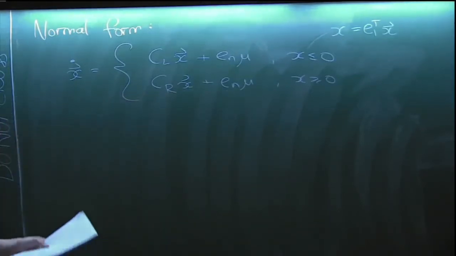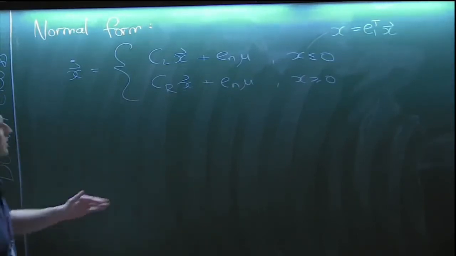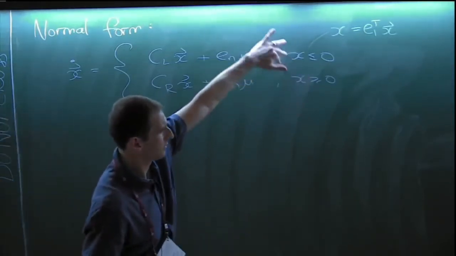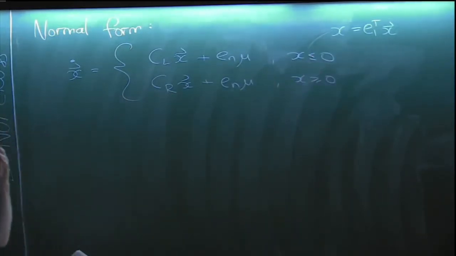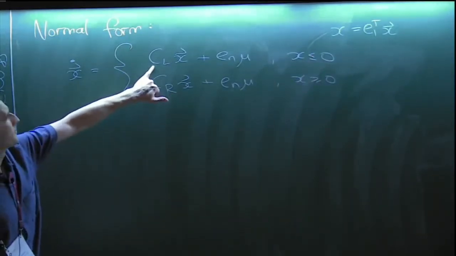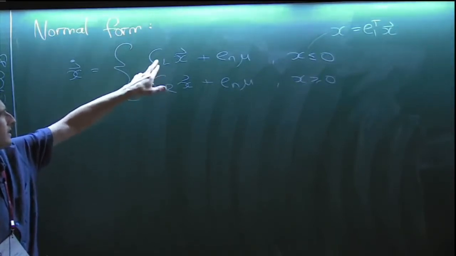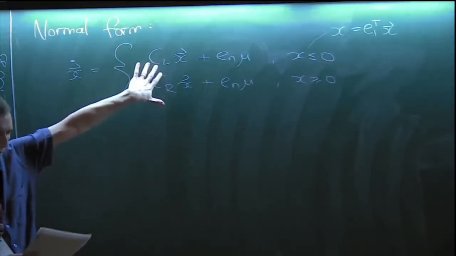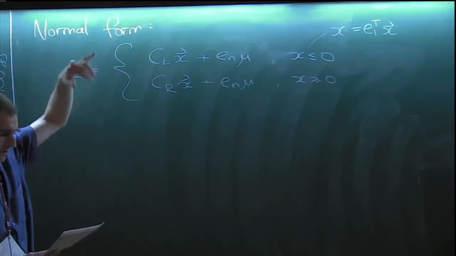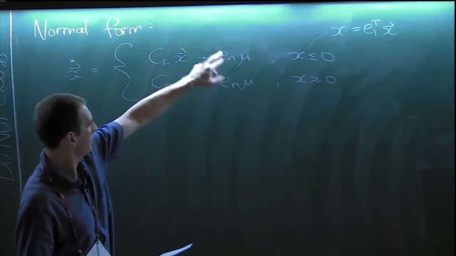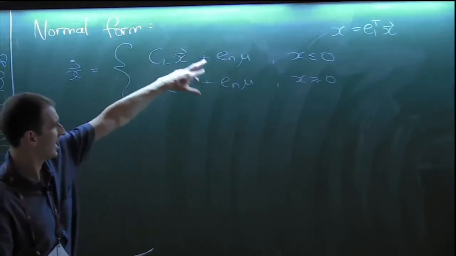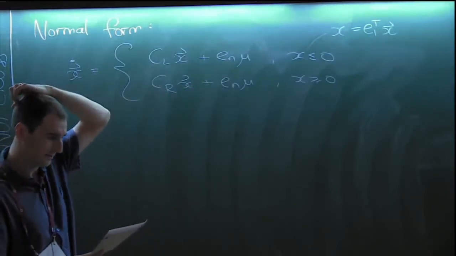Scalar x, first component of the vector x. So we're assuming our switching manifold is where the first component of x is 0. That the matrices are companion matrices, so they're of the same form we had yesterday. And the constant vector is the last standard basis vector En.